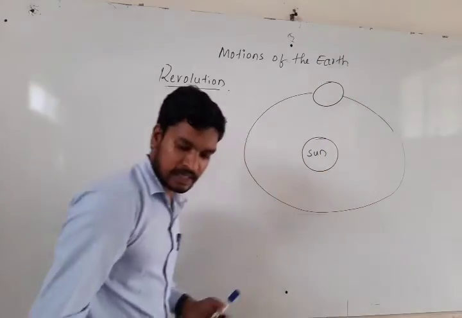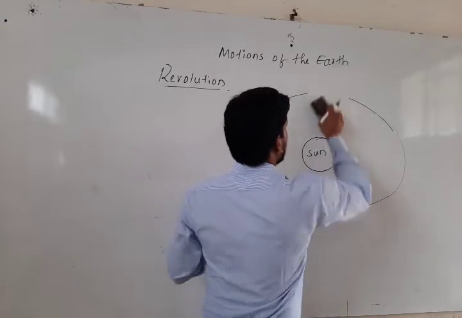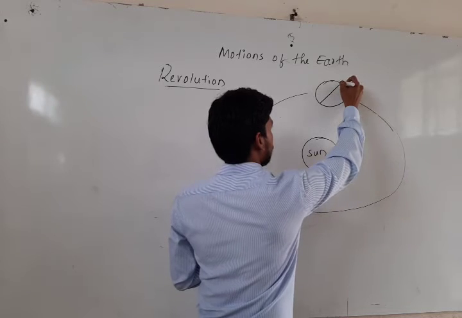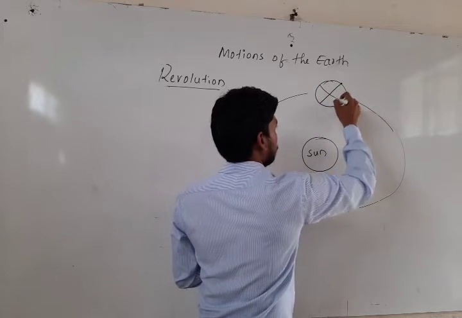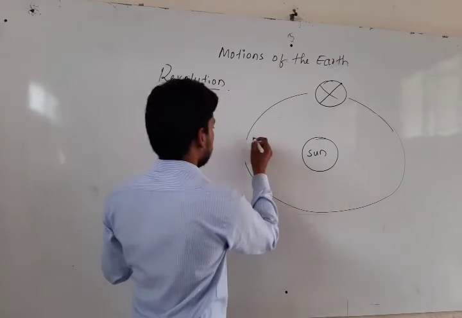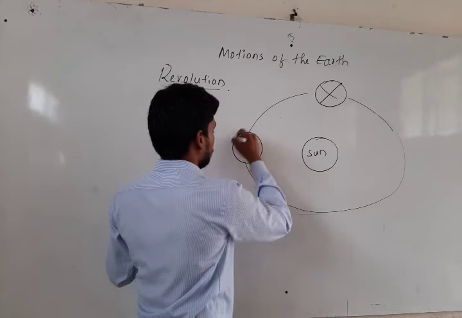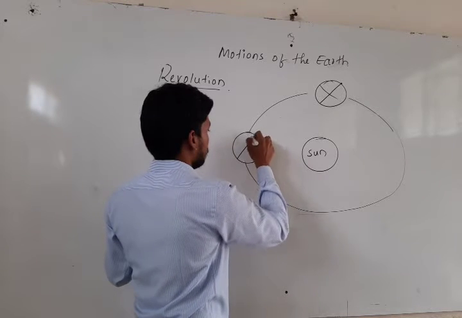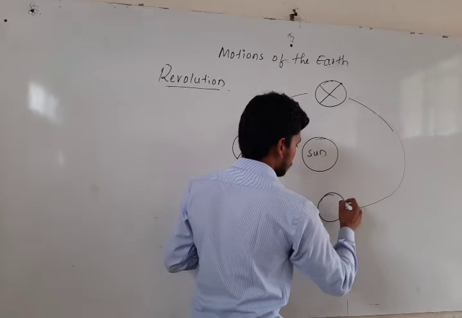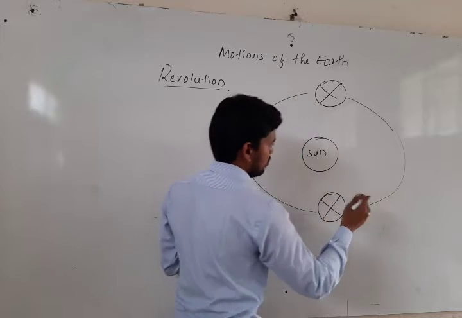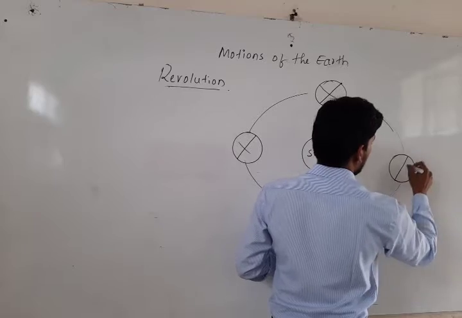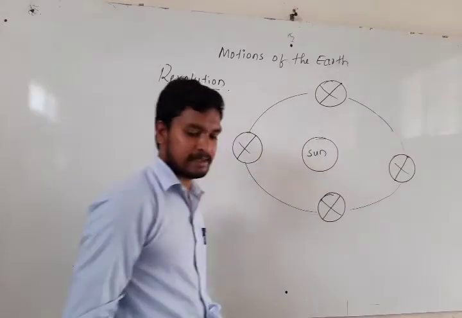Our Earth is tilted 23.5 degrees towards the east. There's the northern pole, the southern pole, and we have the equator. It revolves around the sun in the same position. It will be tilted towards the east completely throughout the life of Earth.